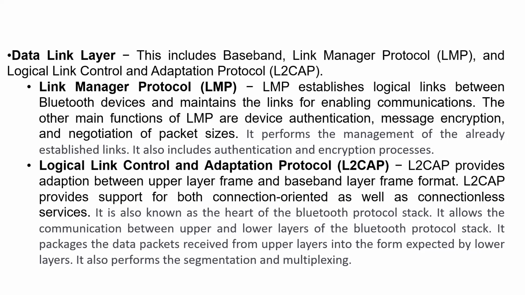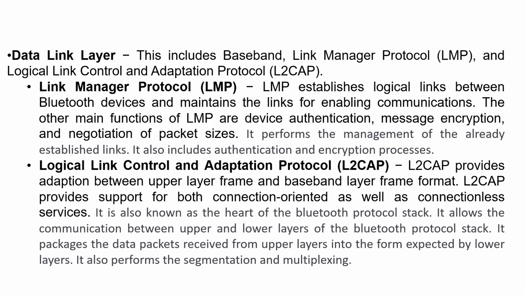The second sub-layer of the data link layer is the logical link control and adaptation protocol. There are two L's: logical link control and adaptation protocol. Its short form is L2CAP. This L2CAP is basically the heart of the Bluetooth protocol stack.